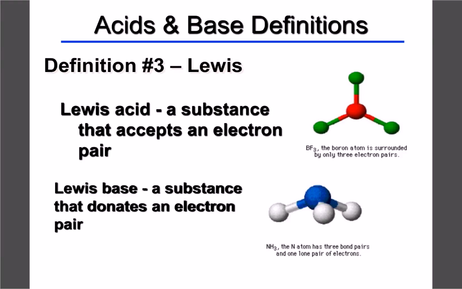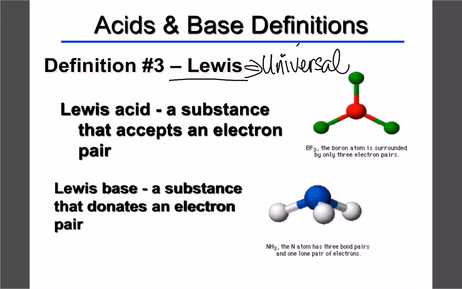The third definition is the Lewis definition. And the Lewis definition is called the universal definition, simply because this deals with electrons. Every atom has electrons. Atoms come together to form compounds, and the compounds have electrons. So all compounds have electrons, so that's why that is universal.